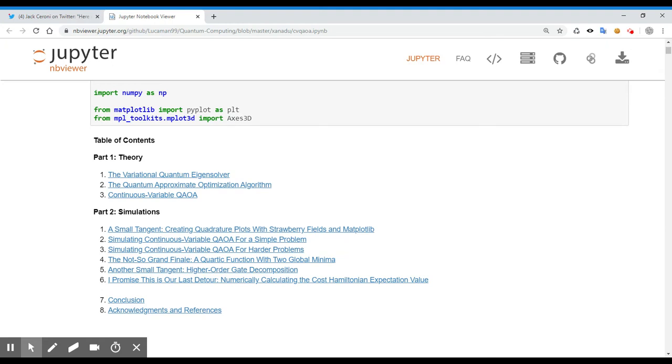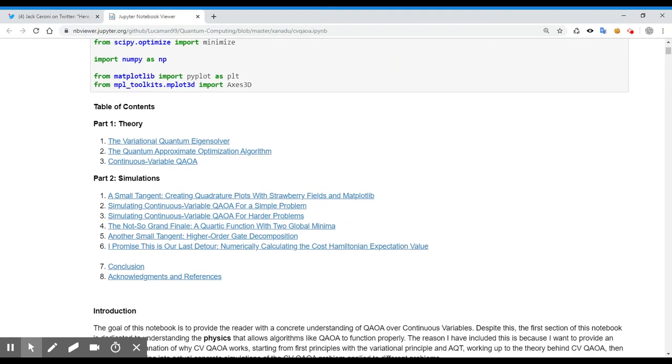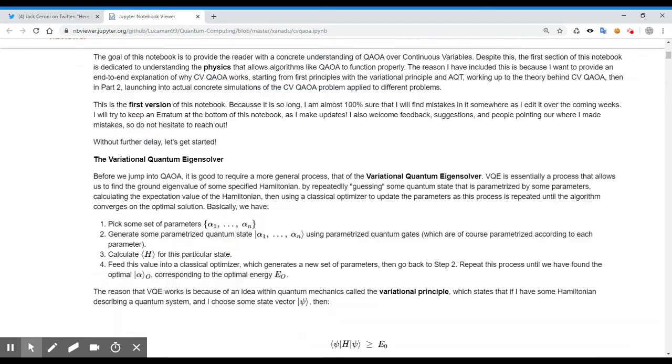Because of moving uncertainty around. What in continuous variable you call quadratures, so the position and the momentum, and in discrete variable quantum computing, you have your different computational bases, which sure you can have arbitrary ones, but you usually stick to the z, the x, and the y. And I see a connection in there. But anyway, let's get to this.